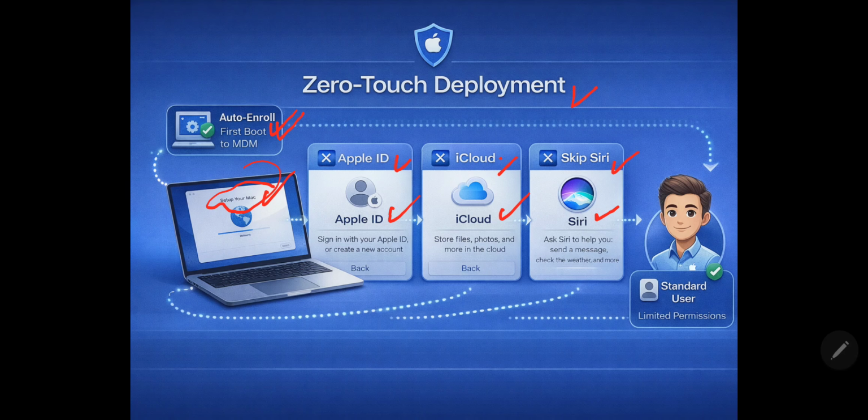MDM is what actually enforces policies, installs apps, and controls the device. Then you need to link ABM with MDM. In ABM, you assign devices to your MDM server. This step is mandatory for zero touch deployment.